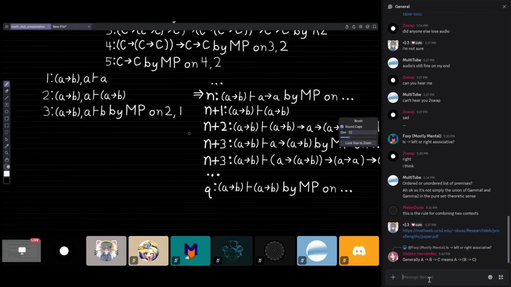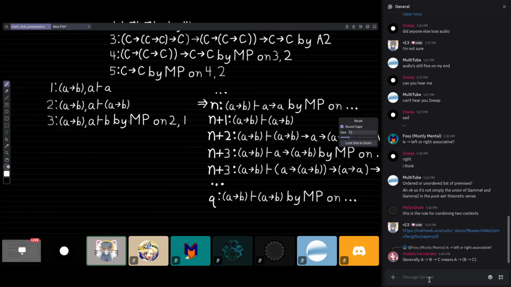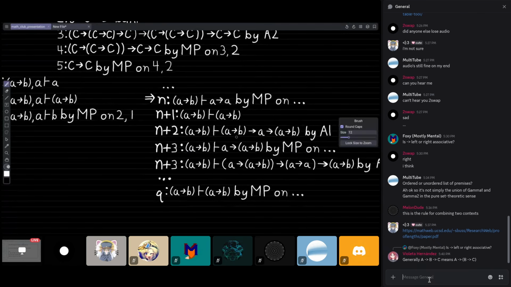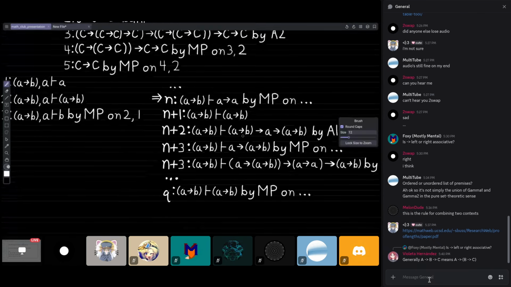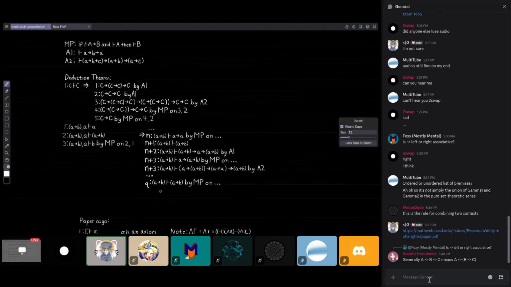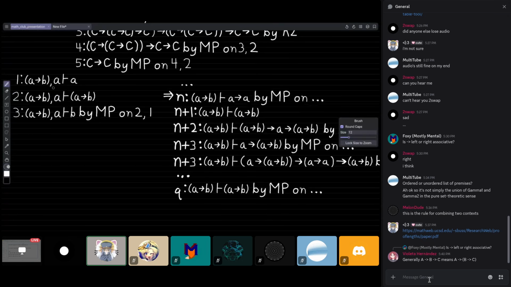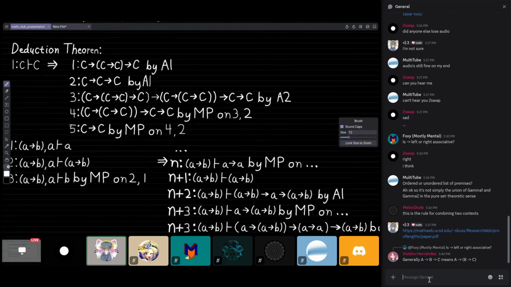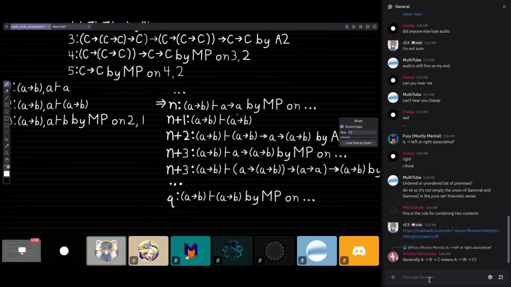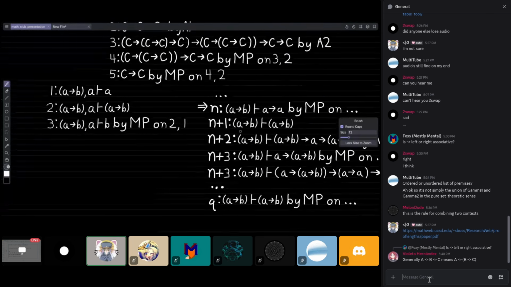If you have a step of the form modus ponens on 2 and 1 with, say, more than one hypothesis, then you do this mess. This step here is of the form can derive the topmost hypothesis, so you just use a proof like this to prove A implies A from the remaining hypotheses and so on.